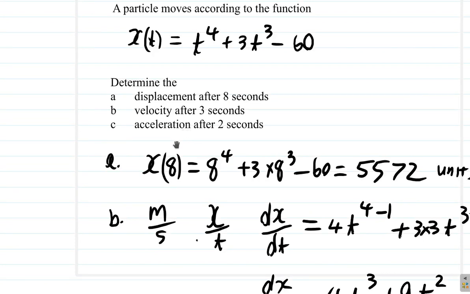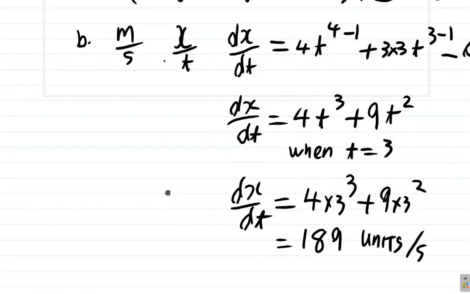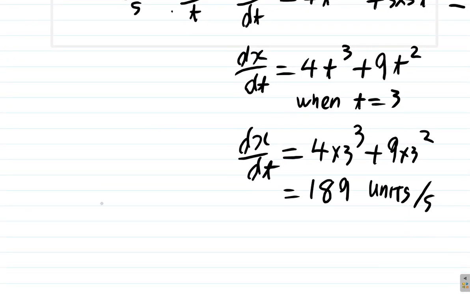Now, we want to find the acceleration after 2 seconds. So that's part C. Now, the acceleration, you know that the general unit is meters per second squared, which is meters per second per second. In this case, we have units per second squared. Acceleration is the rate of change of velocity with time.